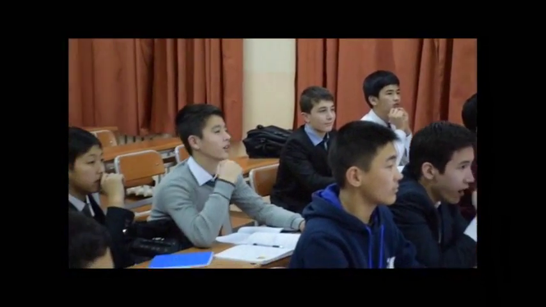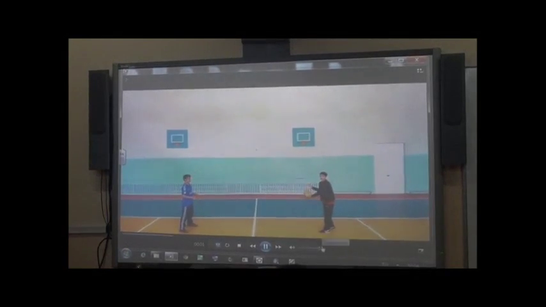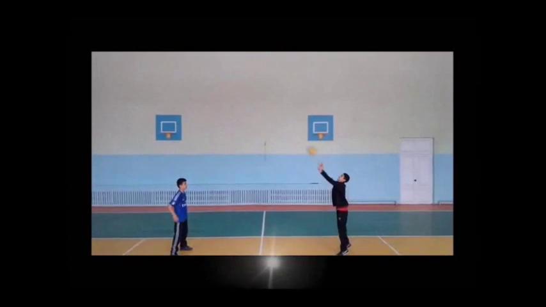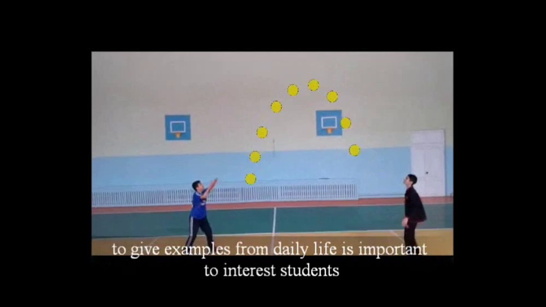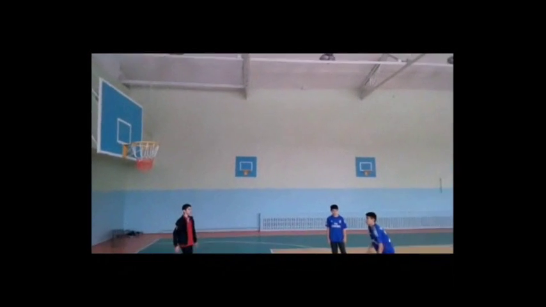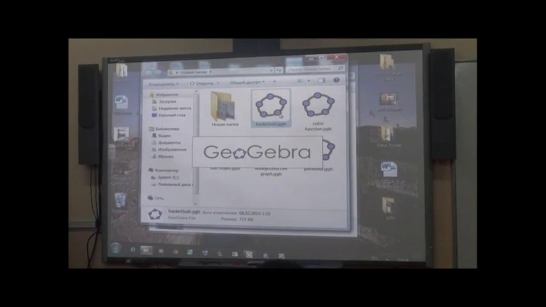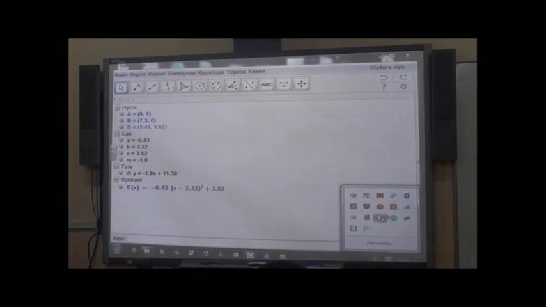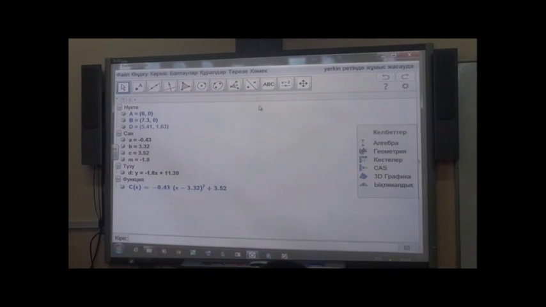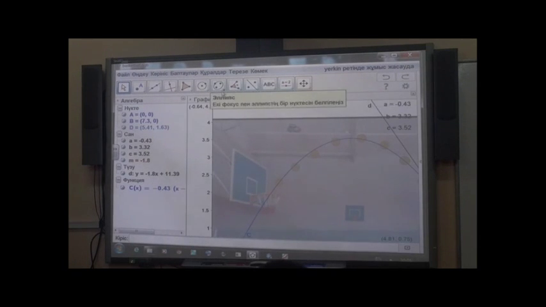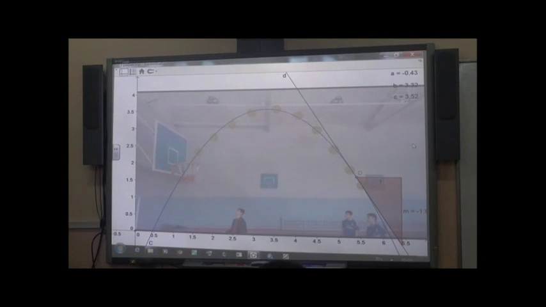Okay, here you see a video. Okay, guys. Now the guy in here, one of your friends, is throwing the ball, and that ball will hit the basket.